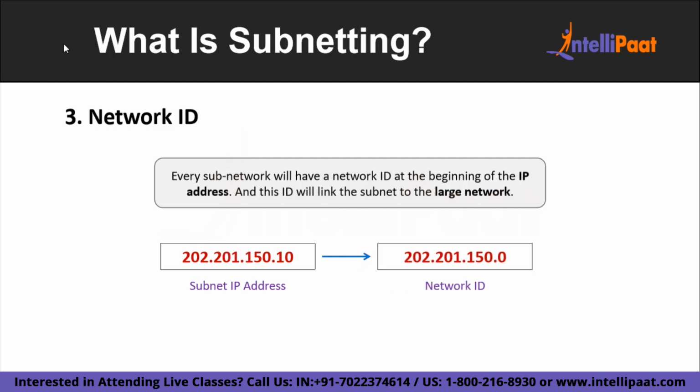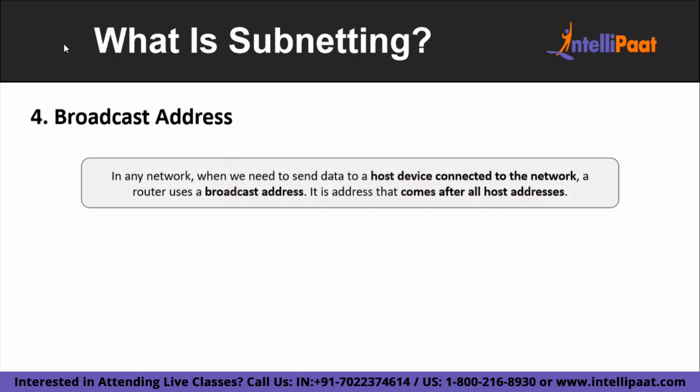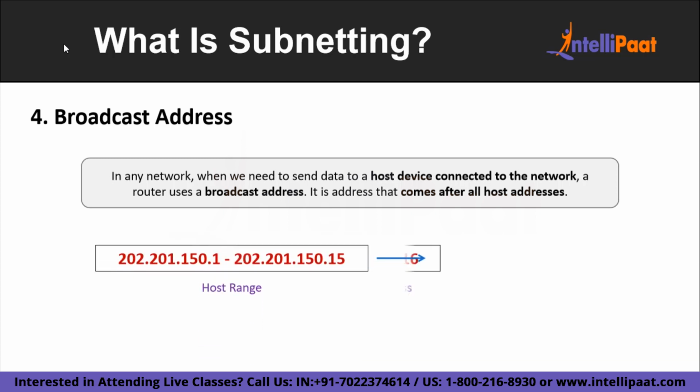Next term we have is broadcast ID. In any network, when we need to send data to a host device connected to the network, a router uses the broadcast address. Additionally, every network has one unique broadcast address. Here is an example of a broadcast address. The process of sending data to every device or node connected to a network is known as broadcasting.